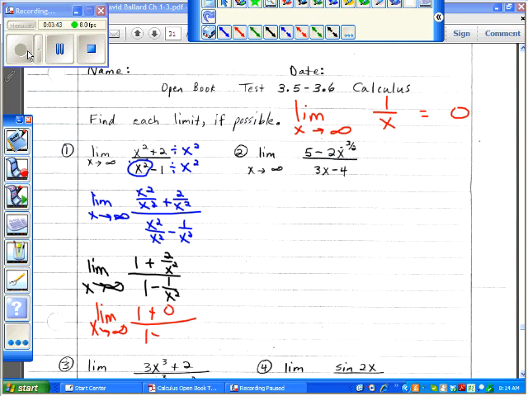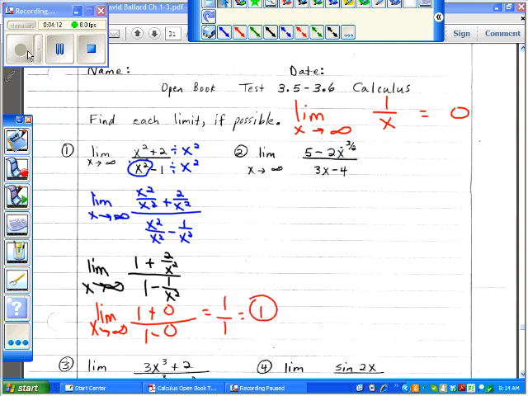And then over here we're going to have 1 minus 1 divided by x squared, which approaches infinity, and 1 divided by infinity is 0. So we end up with 1 plus 0 over 1 minus 0. And 1 plus 0 is 1, excuse me, and 1 minus 0 is 1.